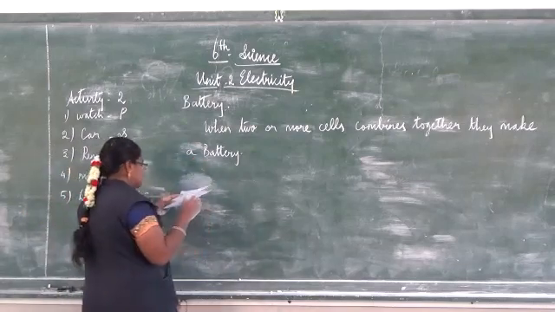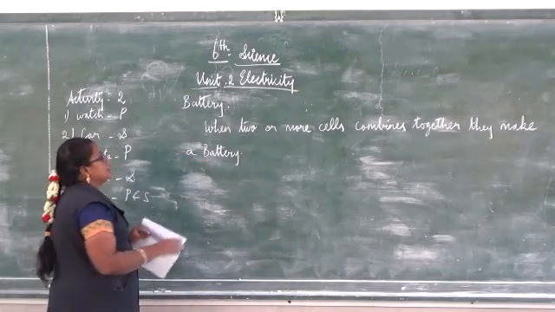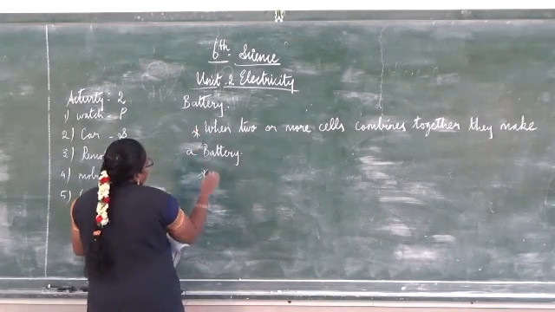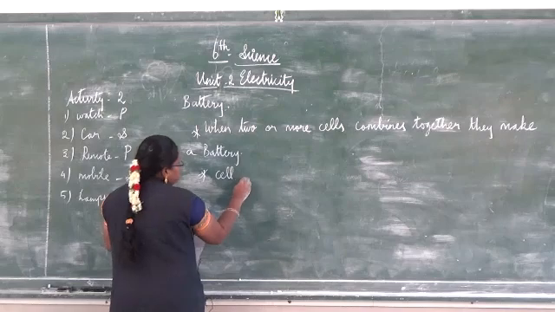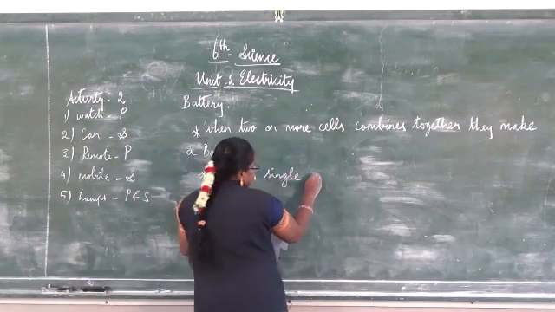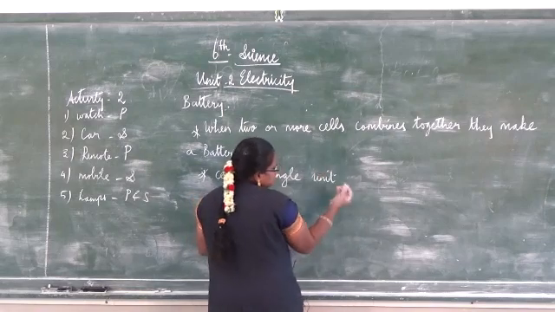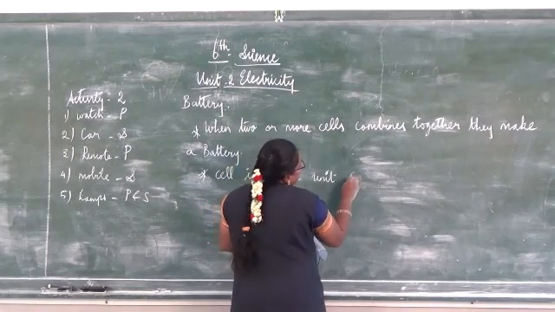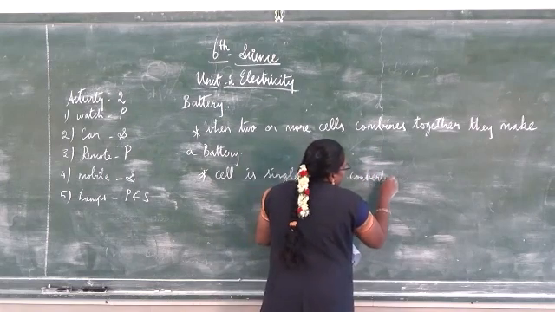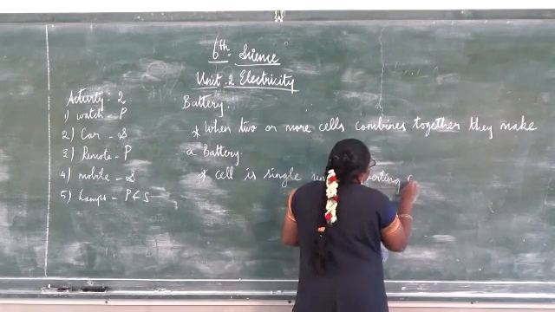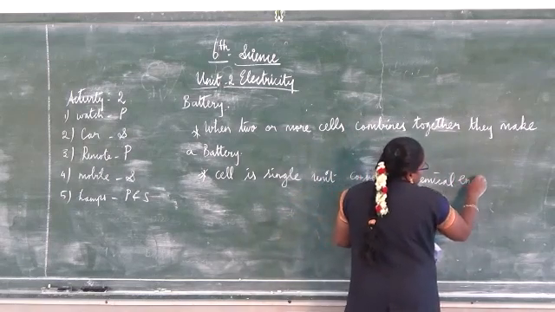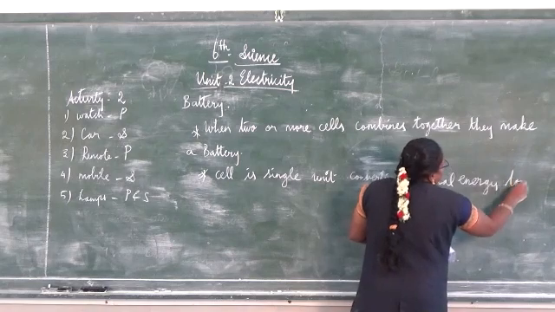Understand? Next what they say is, a cell is a single unit that is converting chemical energy to electrical energy.